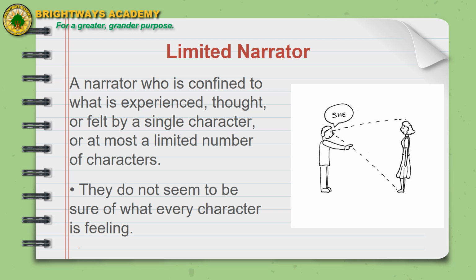In another meaning, a narrator who is confined to what is experienced, thought, or felt by a single character, or at most a limited number of characters. They do not seem to be sure of what every character is feeling.